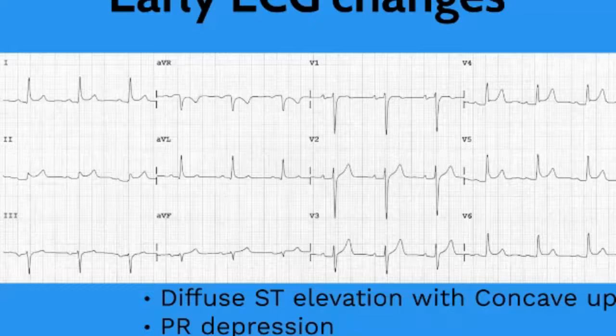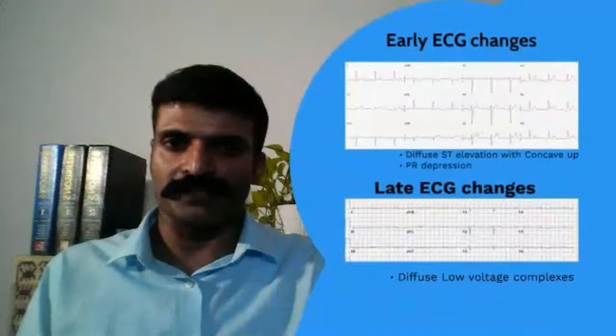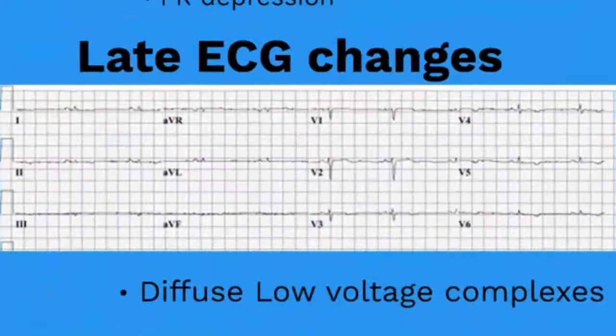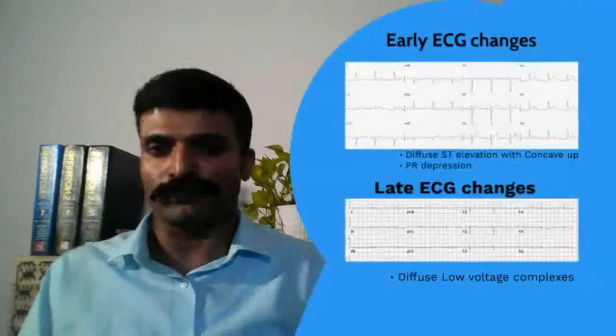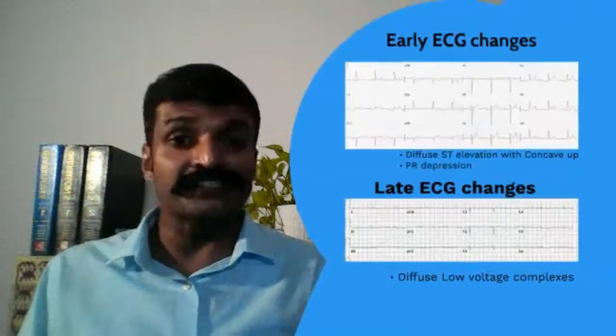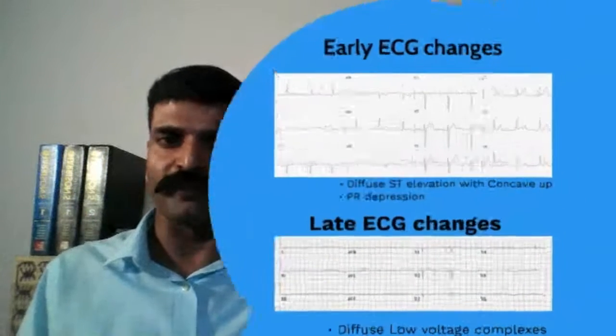It is usually associated with PR depression. So this is the early stage, and in the later stages, as the fluid accumulates, you will see low voltage complexes, and you know the definition of low voltage complexes. So remember, depending upon the stage of pericarditis, the ECG changes will also differ.